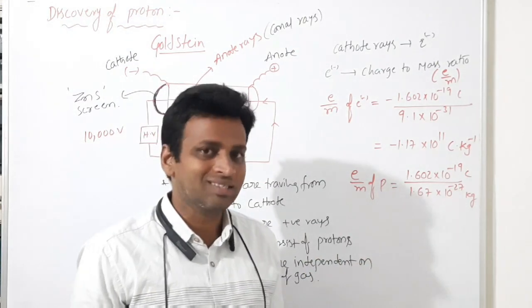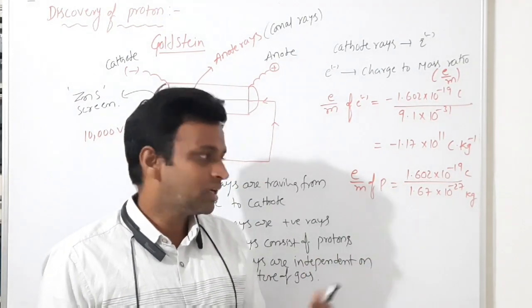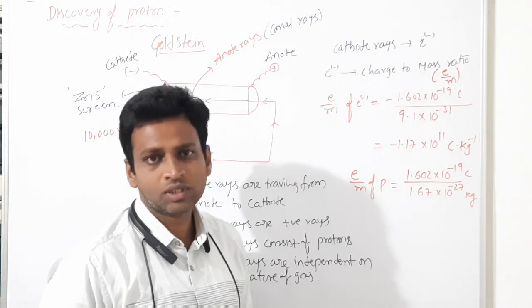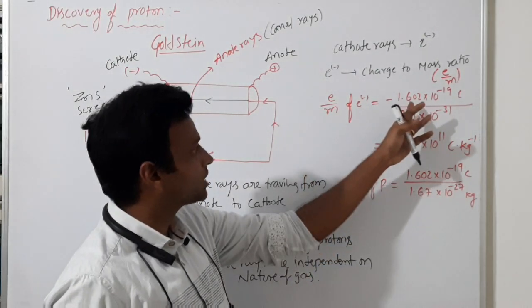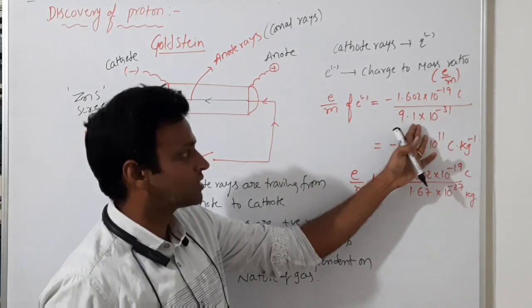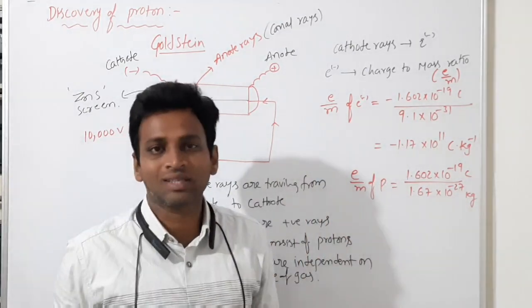How it was determined is unnecessary for you; that is beyond our syllabus. Just know the charge of the electron, the mass of the electron, and what the E by M ratio is. That's it.